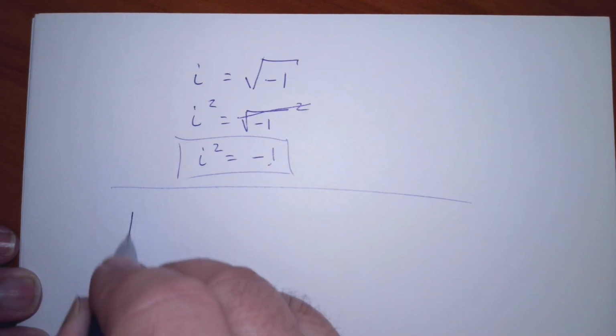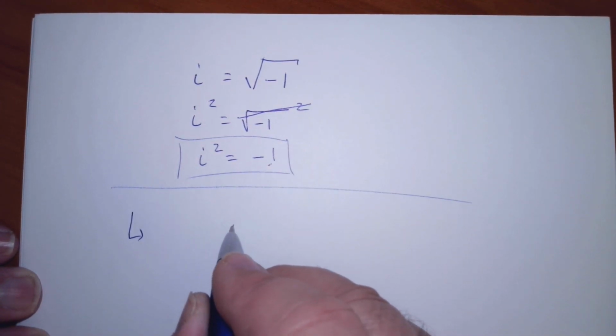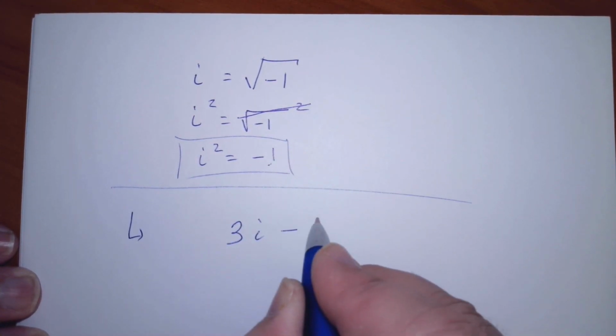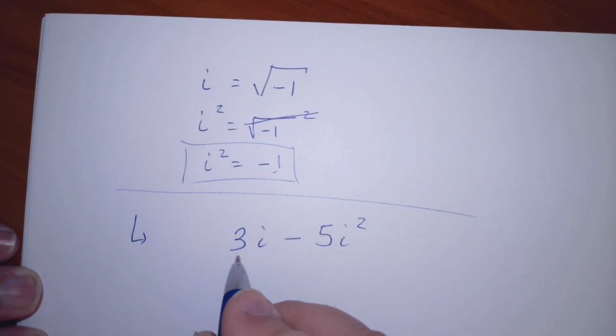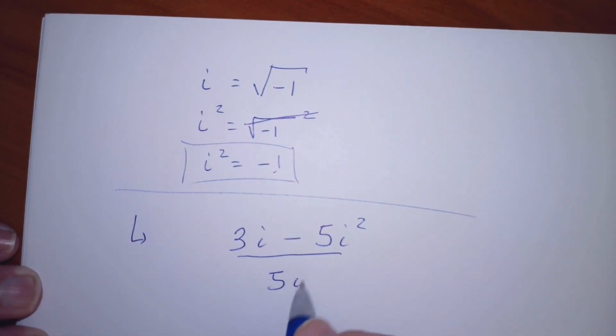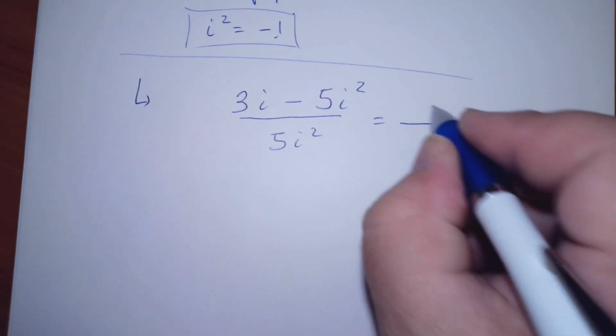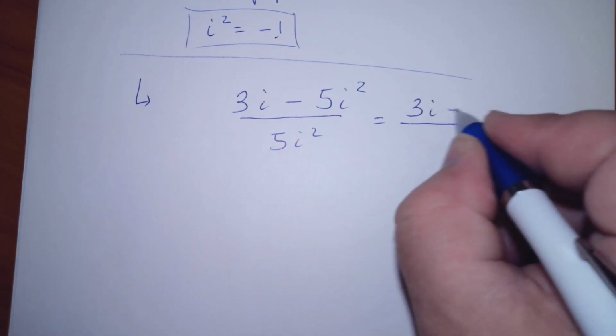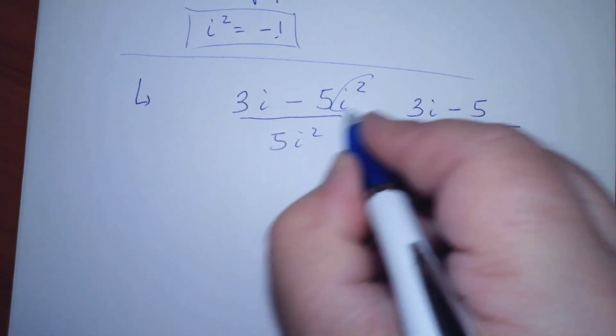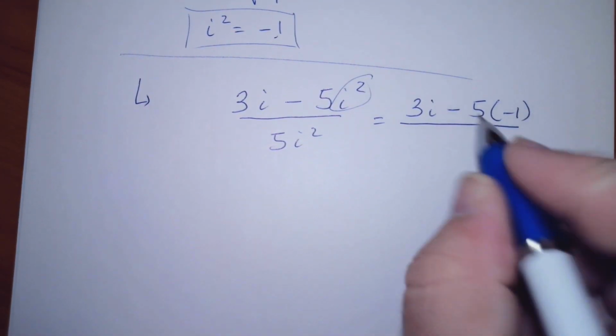So in our example, we had 3i minus 5i squared over 5i squared. 3i minus, remember, i squared is -1.